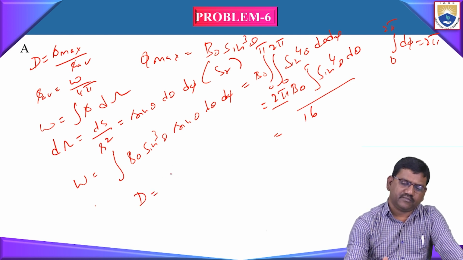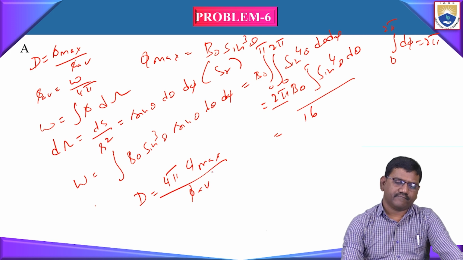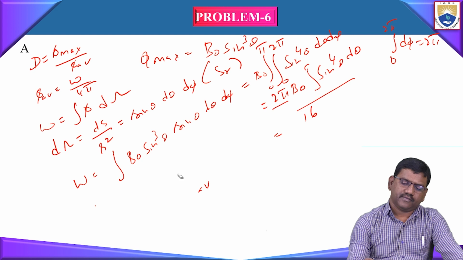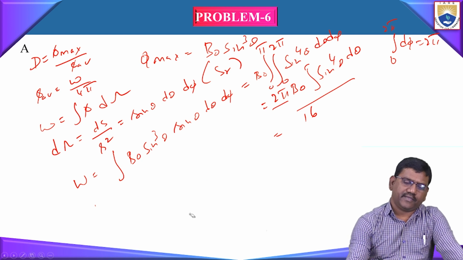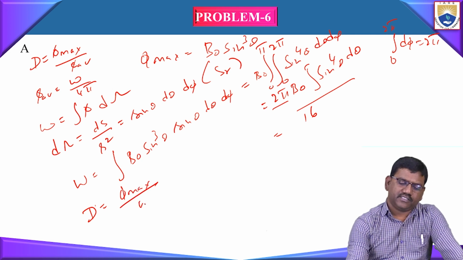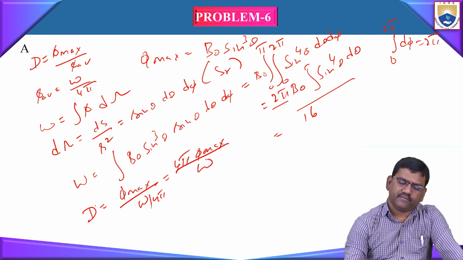So D is equal to 4 pi into phi max by W, since phi AV is W by 4 pi here.